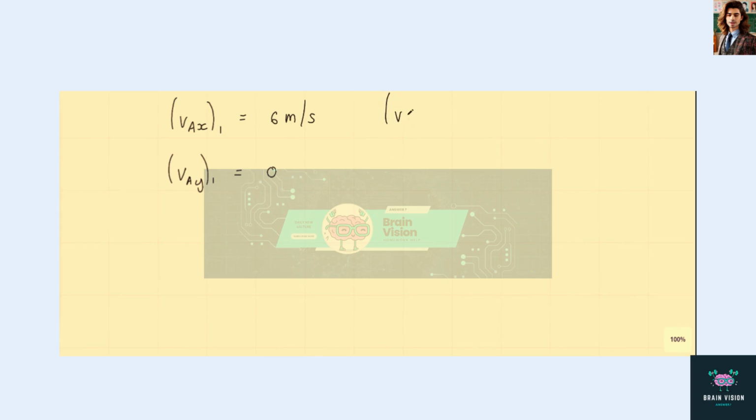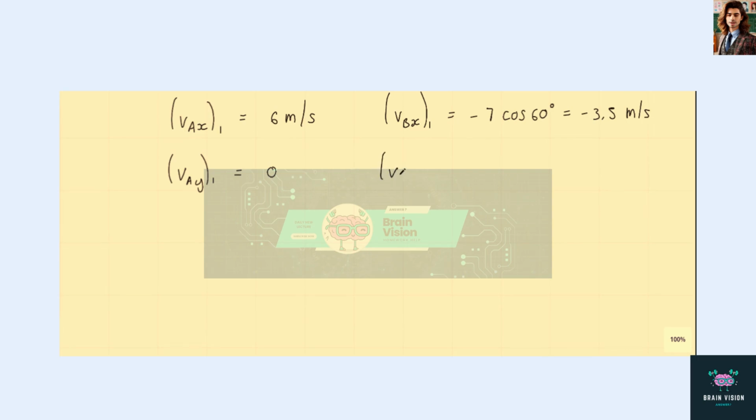Disk B has x component of its velocity before the collision, VBx1, equal to minus 7 cosine 60 degrees, and that's minus 3.5 meters per second. So we're using the left direction as negative here.